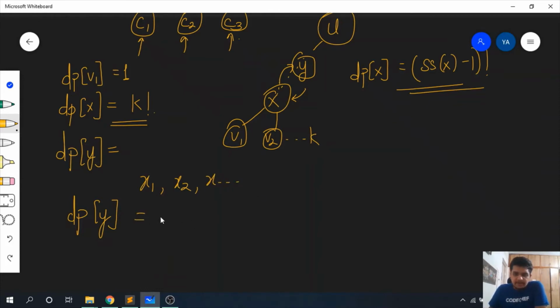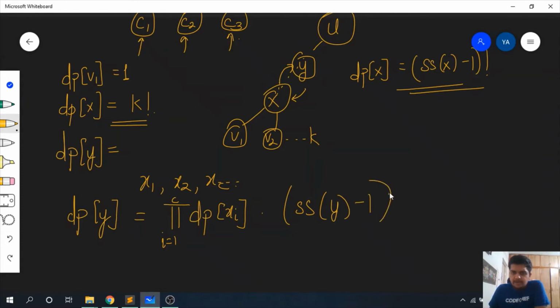So dp of y will be equal to the product of dp of x of i, and we know what that is, we have seen it earlier, right? And it will be the subtree size of y minus 1 factorial, again we saw why this term comes up, divided by the product of its children's subtree size factorials, so again it will be ss of xi factorial.